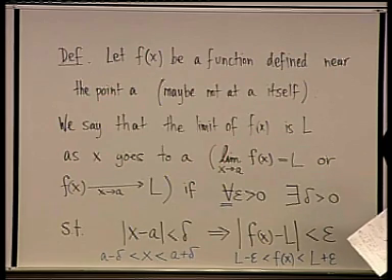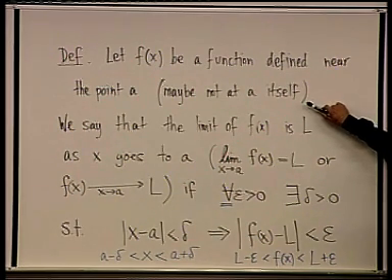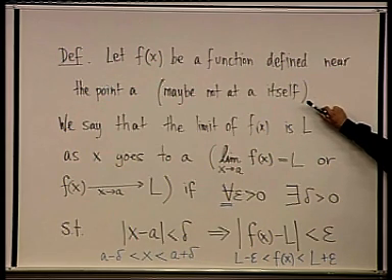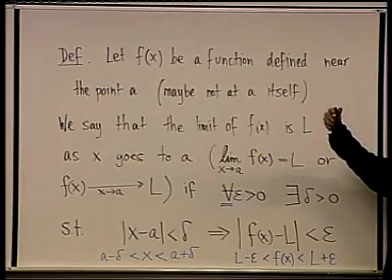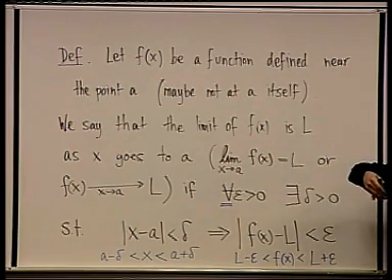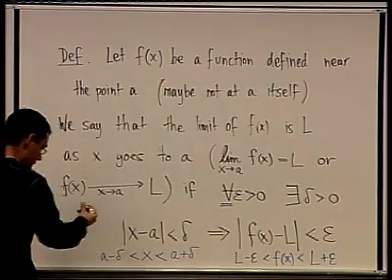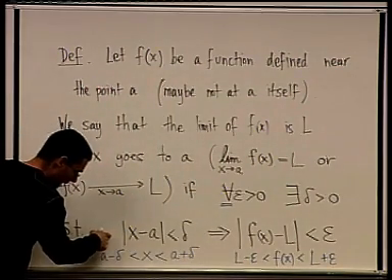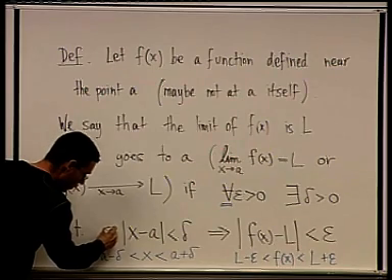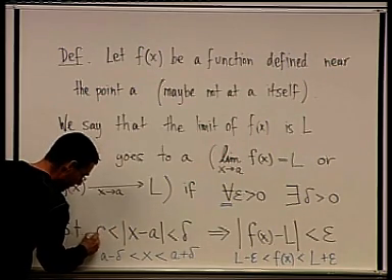Let me add one little detail here. Remember that we said that we don't care about the value of f at A itself. All we care is what happens as we get closer and closer. Okay? So that's going to explain why I add here greater than 0.